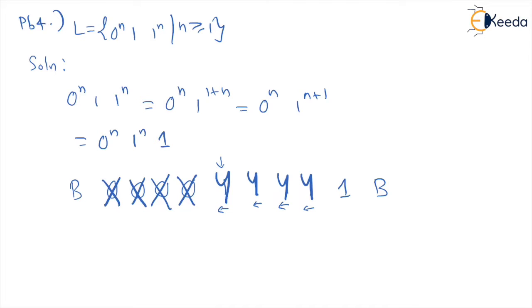So now, what we are interested in is checking whether, before I come across a blank after bypassing all of the y's, there is a single 1 present. So now, as we are standing over here, I'll be keeping y as it is and keep on bypassing it, moving to the right.